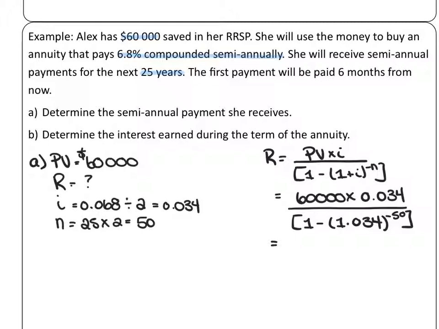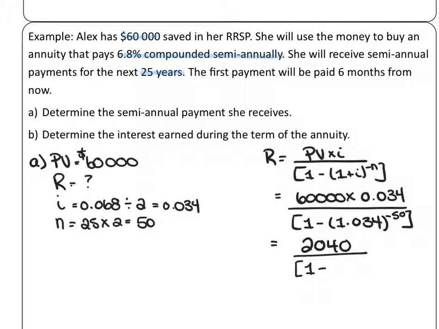So 60,000 times 0.034 is $2,040. And then the bottom: 1.034 to the negative 50.